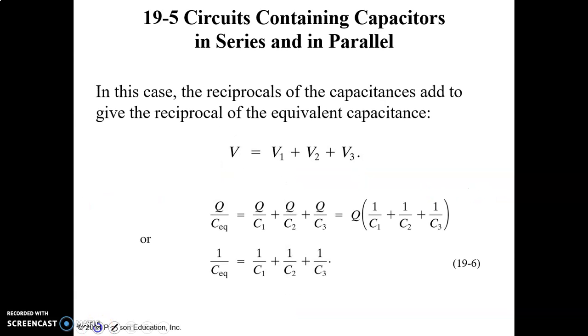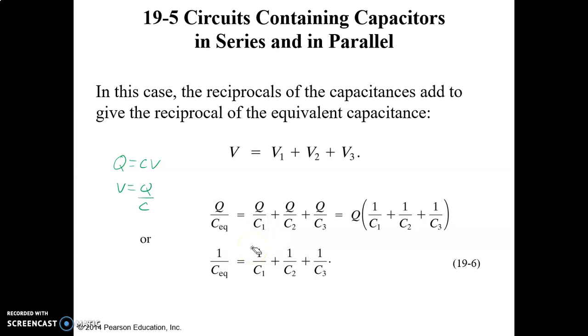Now if we do the same thing, we use the capacitance equation Q equals CV, but we're going to use this form. We're going to add up the voltages, so let's solve for voltage. Voltage would be Q over C. So your terminal voltage would be Q over the equivalent capacitance, and then across each capacitor, Q over C1, Q over C2, and Q over C3.